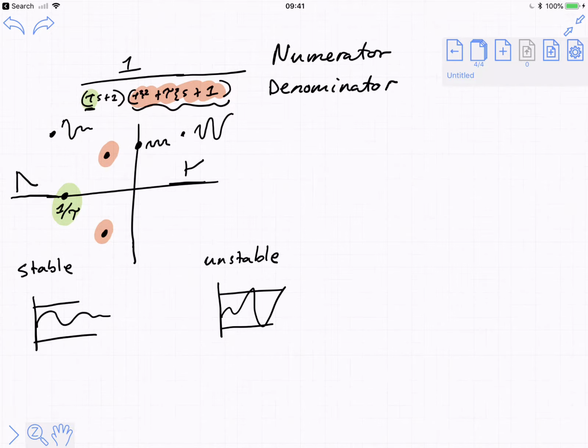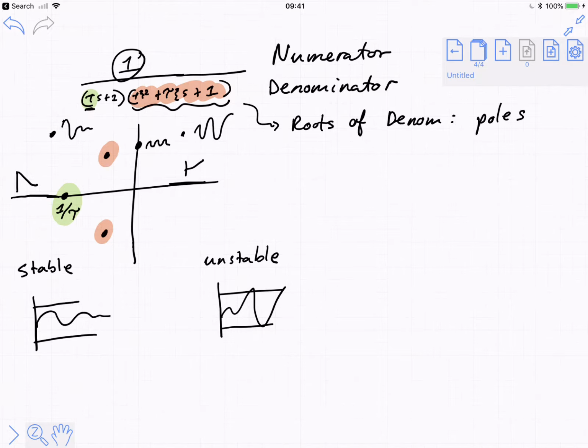But, of course, I've now put here a 1 over there. There are more systems than these kinds of systems, right? There are also systems with zeros. Now, we talk about poles and zeros, so the roots here of the denominator, they are called the poles.